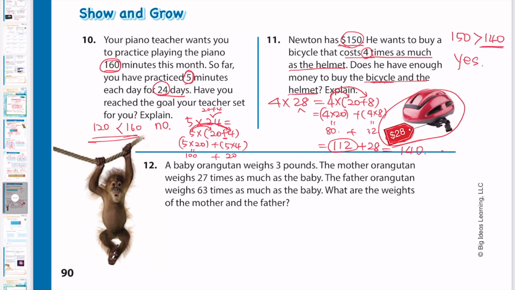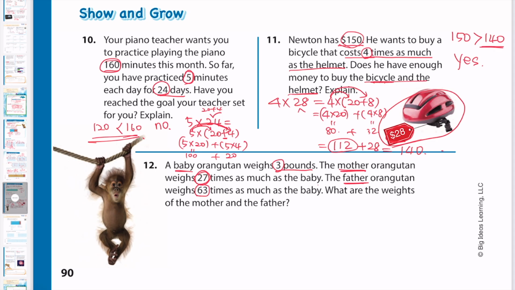All right, that's it. Now this is the last question. A baby orangutan weighs what? 3 pounds, okay? Now the mother orangutan weighs 27 times as much as the baby. The father, okay, I think I need to draw a line because you're gonna get confused later. The father orangutan weighs 63 times as much as the baby.